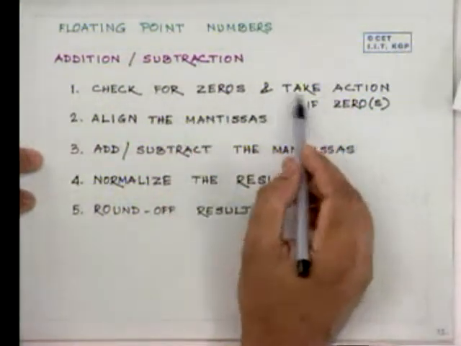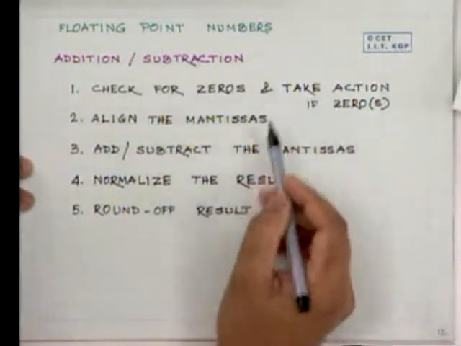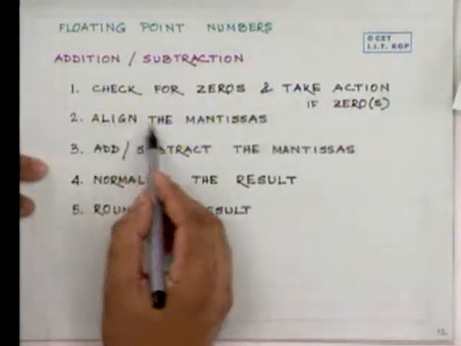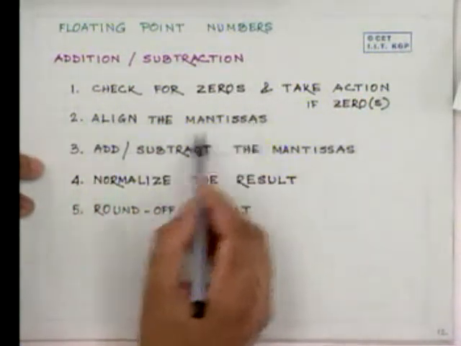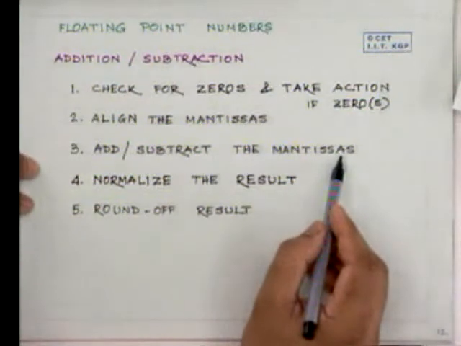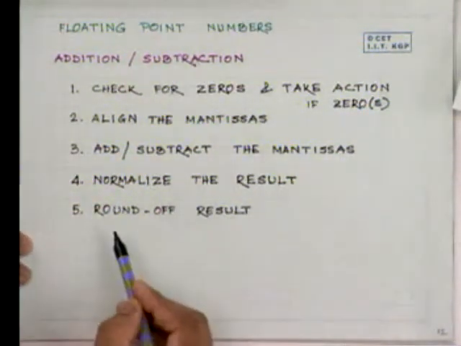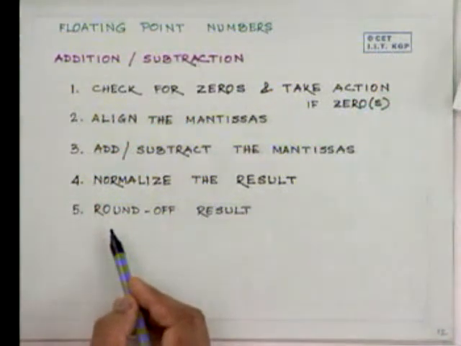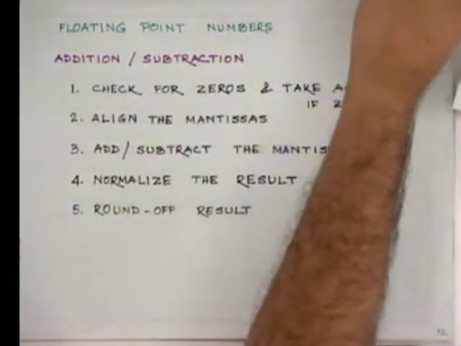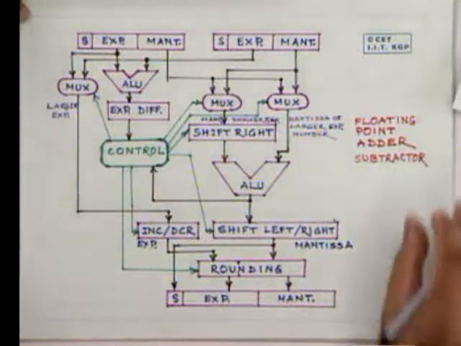If we find that one of them is 0, then the other turns out to be the result. Otherwise, we align the mantissas, then add or subtract the mantissas, normalize the result, and then round off the result. Let us see, taking this, what an adder subtractor unit for a floating point number operation can be.